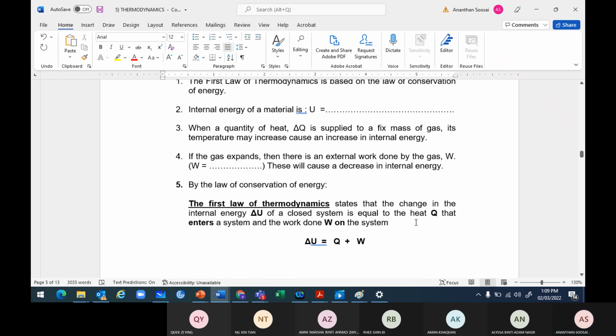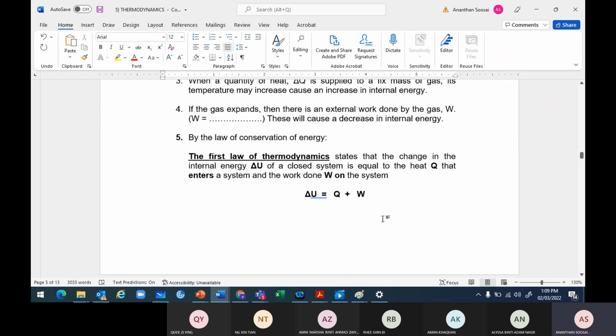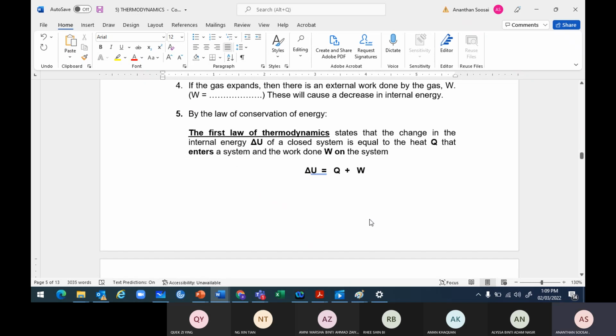Remember, changes of U equals Q plus W. And W is the integration of P dV. On the pressure versus volume graph, the area is the work done.